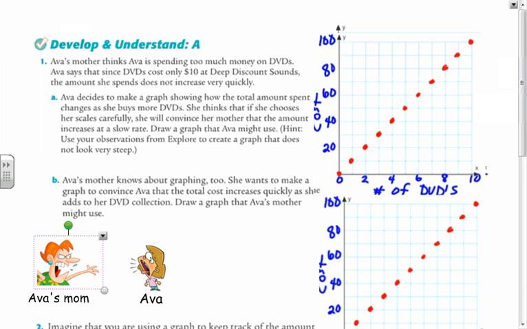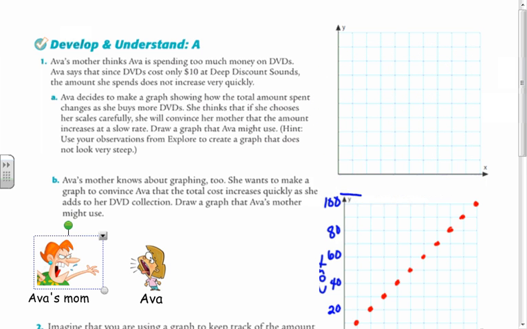All right, so thinking about what we just did, if we make this graph right here, and we just go up by 1 on the x-axis down here, and we go up by 10s on the y-axis, the line is actually pretty steep. So I don't think this is going to convince Ava's mom that she's not spending too much. So what Ava would like to do is to draw a graph that's not quite as steep.